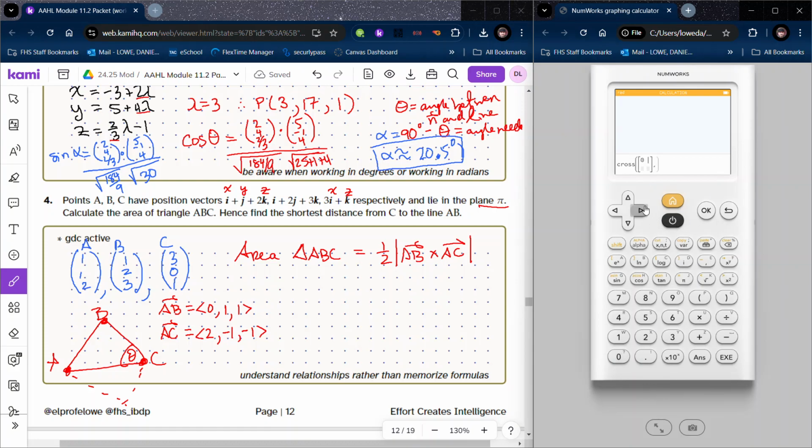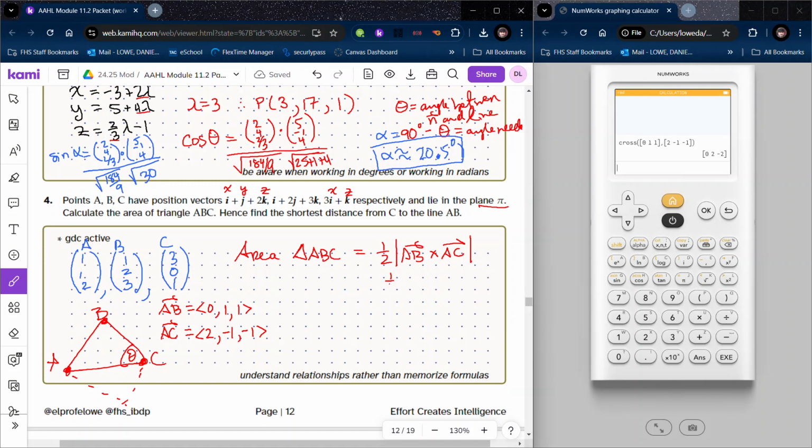So I have 0, 1, 1 for one of my vectors, then Shift to the bracket, 2, -1, -1 for the other row vector. If I find that cross product, I know that that's going to give me 1/2 times the magnitude of 0, 2, -2. And so that's going to be 1/2 times the square root of 0 plus 4 plus 4.